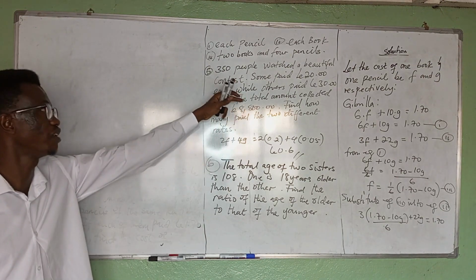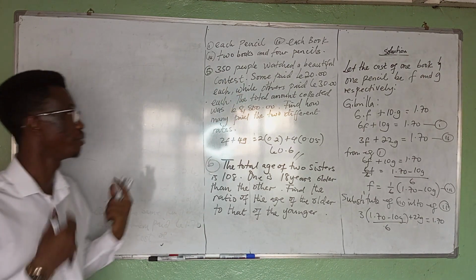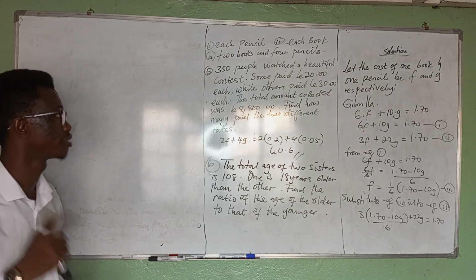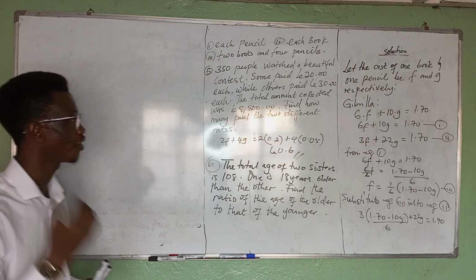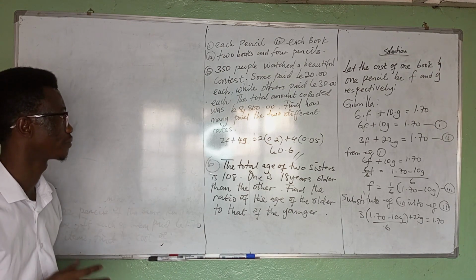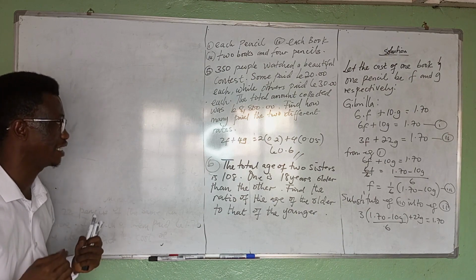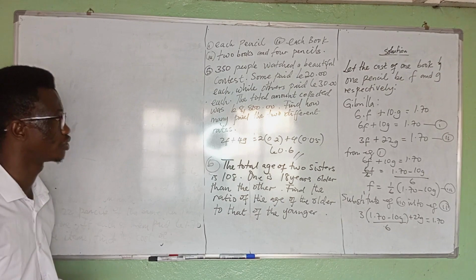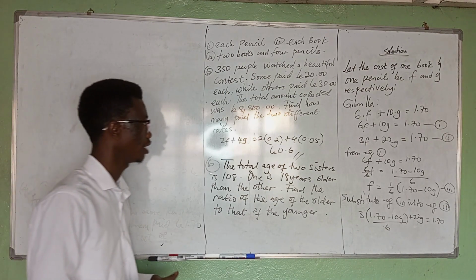It says 350 people watch a beauty contest. Some paid 20 Leon each, while others paid 30 Leon each. The total amount collected was 8,800 Leon.